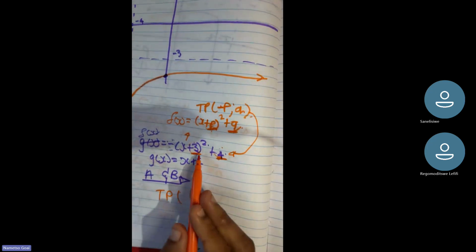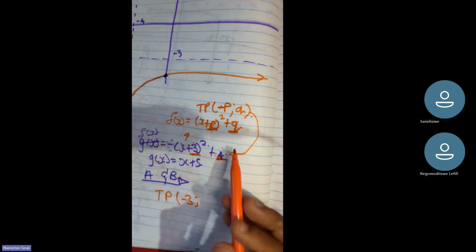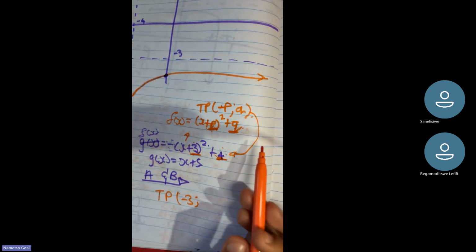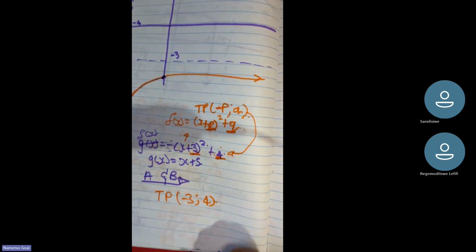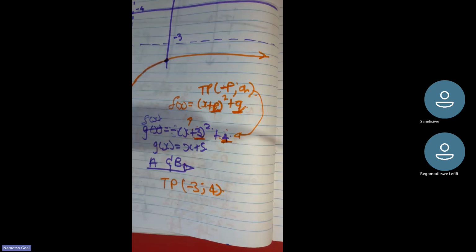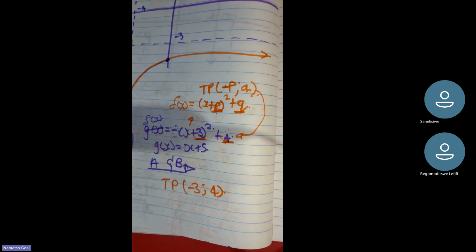So it will be negative 3, and the q, which in this case is the 4, remains the same. So you will have negative 3 and just 4. You guys get that, right? Yes. Okay, great.